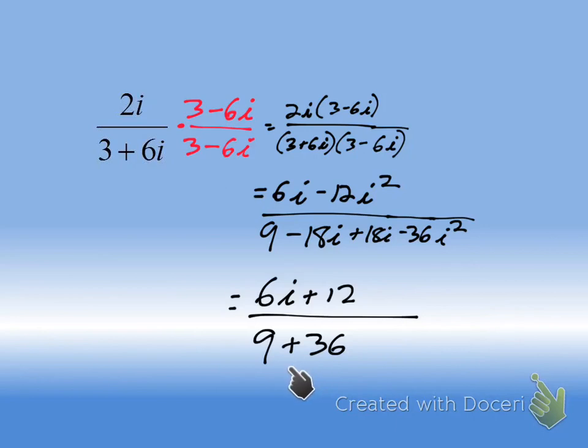That's what you want. That's what has to happen. And the only way that's going to happen is if you multiply the top by the conjugate. Opposite sign. Add these up here. So you have 6i plus 12 all over 45.